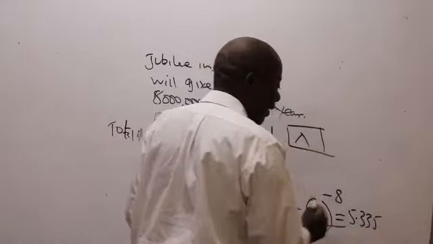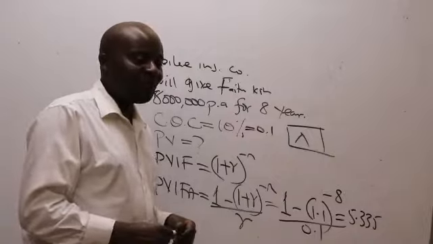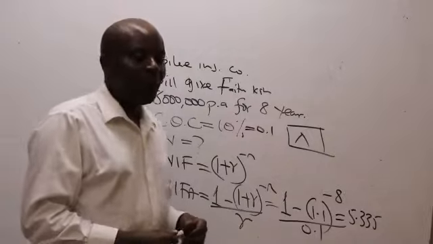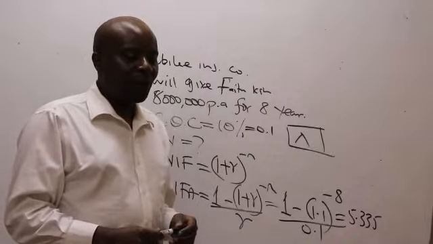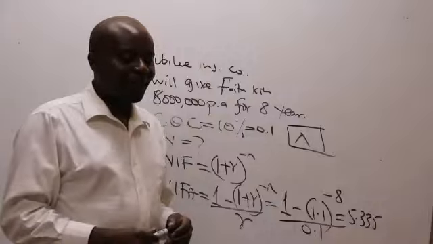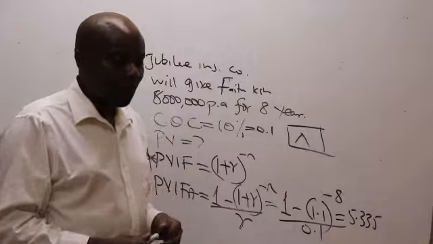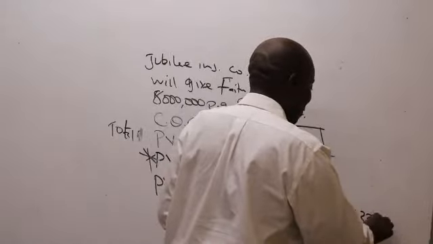I would prefer 4 decimal places, because PVIFA and PVIF figures we normally write in 4 decimal places. 5.3349. Thank you, the Chelsea man.